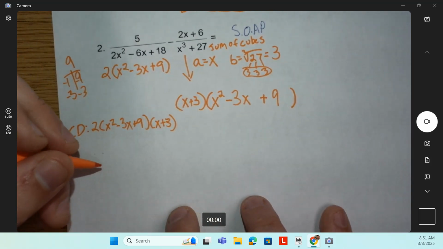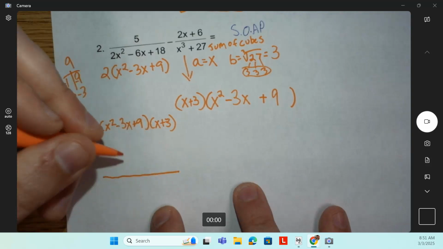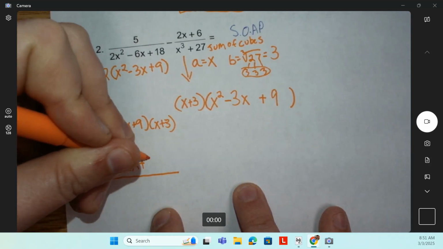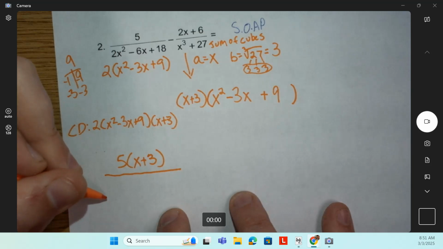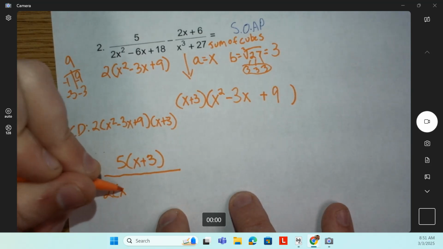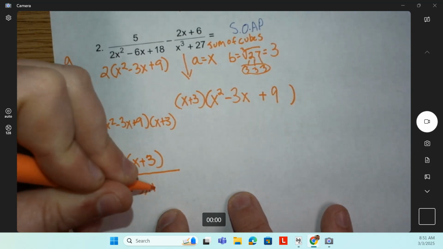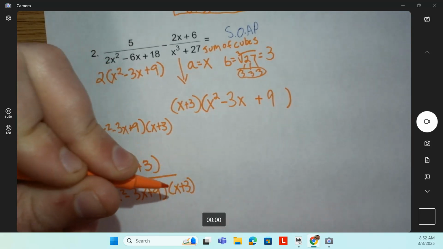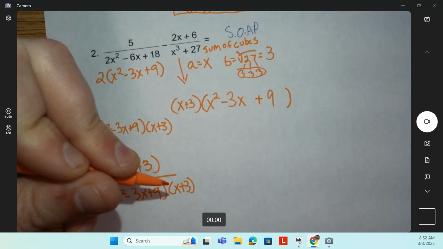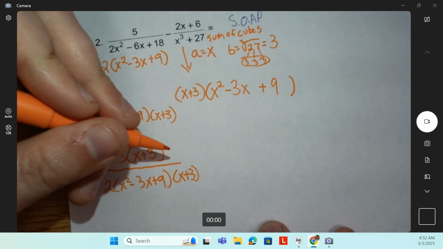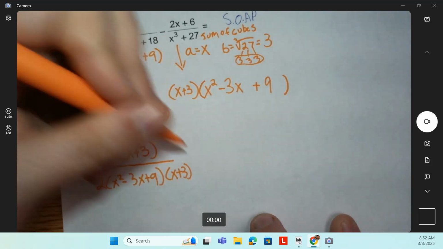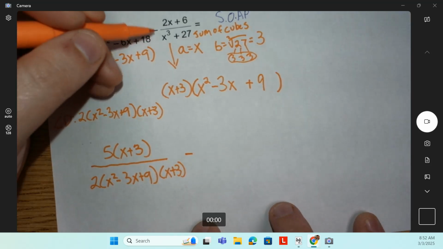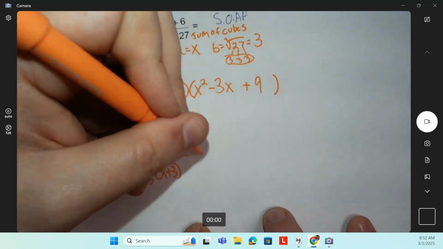So, writing that out, I'm going to have 5 times x plus 3 over 2 times x squared minus 3x plus 9 times x plus 3. And then I'm going to put my subtraction sign, and I'm multiplying both these by 2.